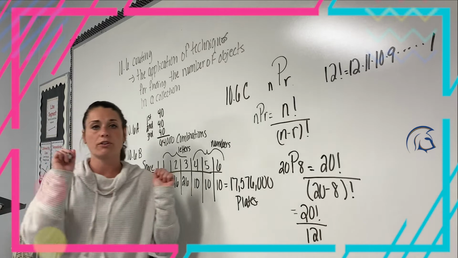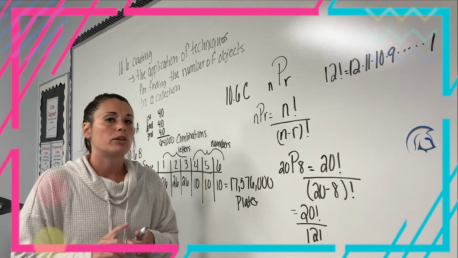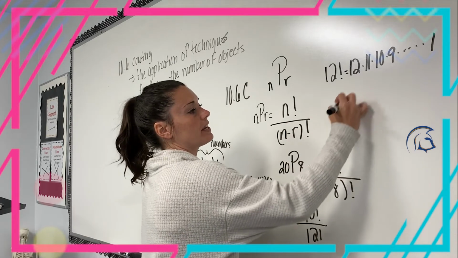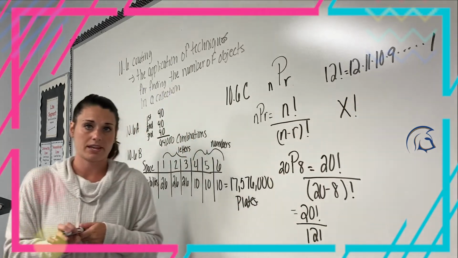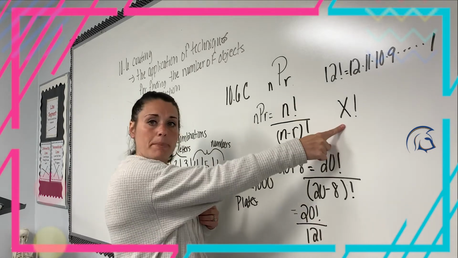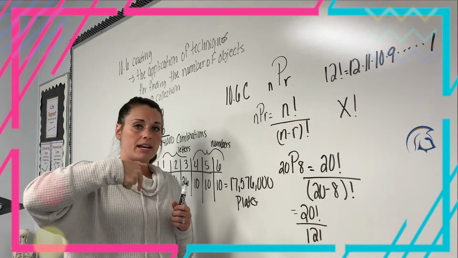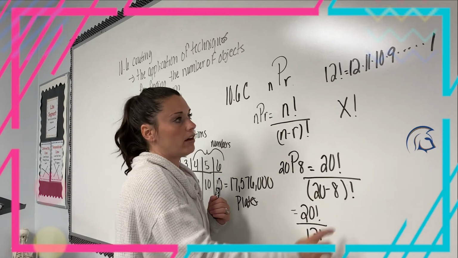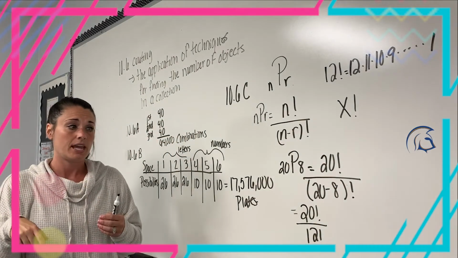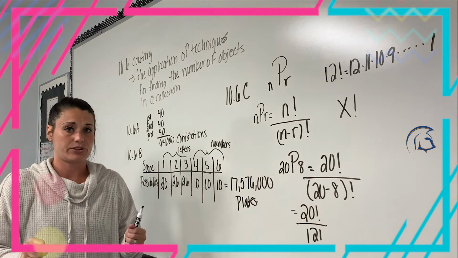If you turn your phone sideways, you'll have a little button that is an x with an exclamation point. You can type in 20 and hit that button, and then hit divided by 12 and hit that button, which is x factorial, and it will give you the answer.